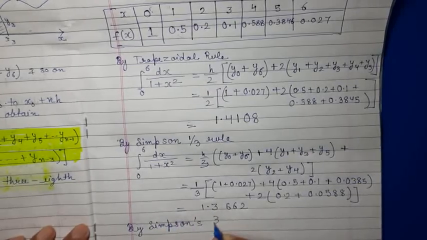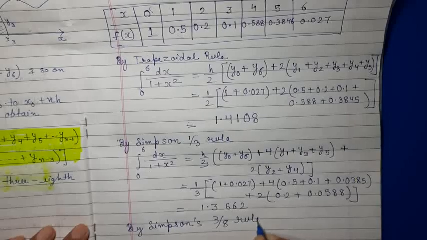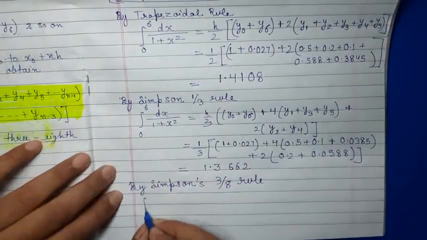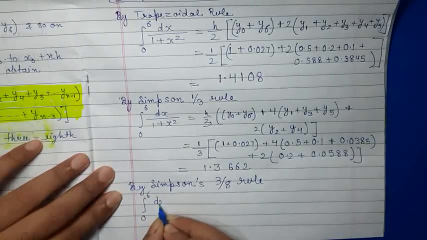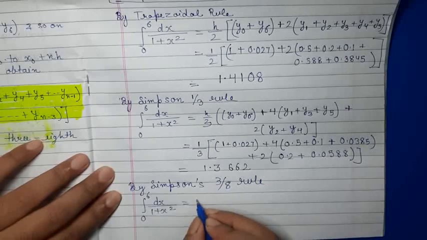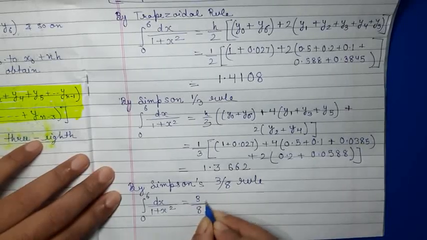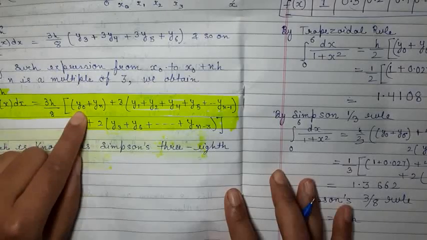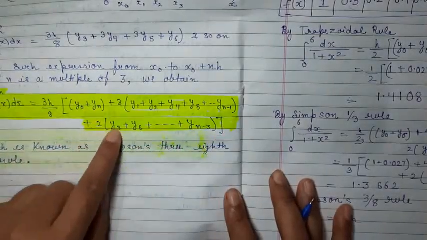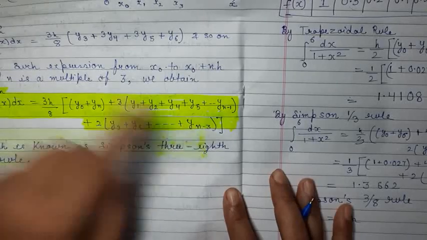Now again we have to find it by Simpson's 3 by 8 rule. So what is the formula for Simpson's 3 by 8 rule? You know the formula. Here we have to write 3 by 8 h, as already mentioned here: y first one, last one, 3 into all the numbers, and plus 2 into the numbers which are multiples of 3.